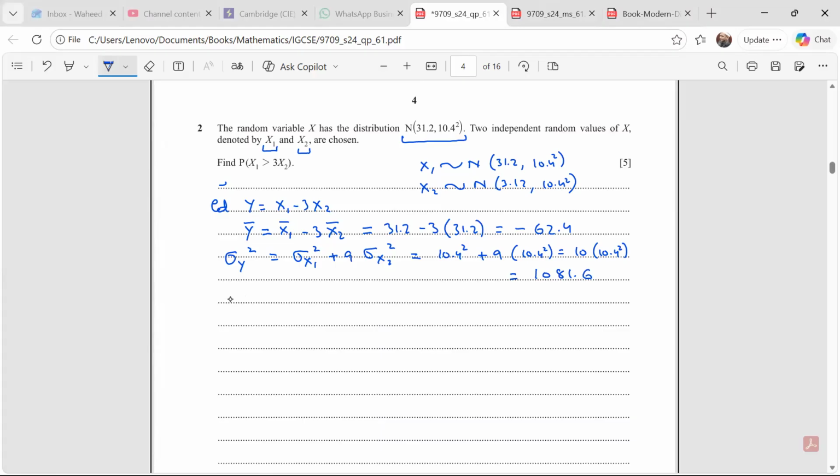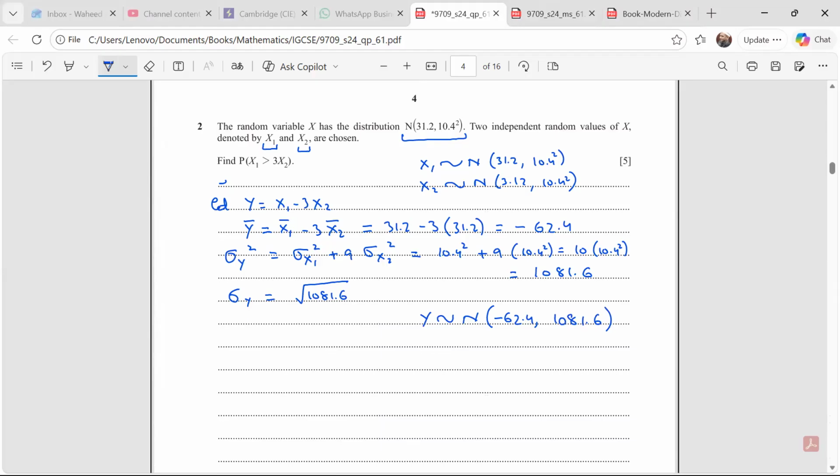So sigma y is the square root of 1081.6. It means that my new random variable y is normally distributed, its mean is negative 62.4, and its variance, if I write sigma squared as they were writing before, is 1081.6. So this is my new random variable.